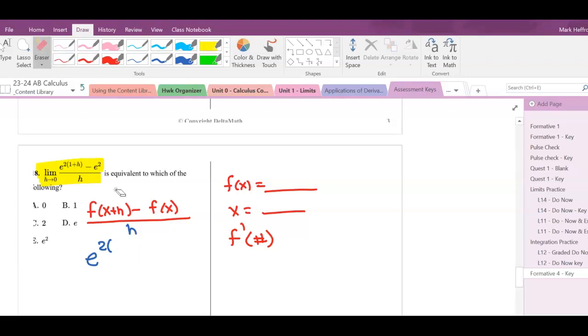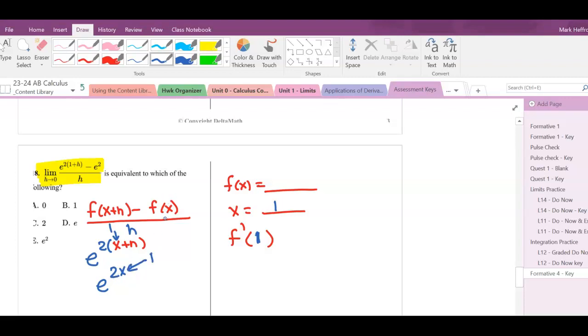Well, that means this would be an x plus h, and my x must be 1. So I've figured out what x is. So now I want f prime at some number. That number is 1. Well, my function is e to the 2x. And now we're going to check it to make sure what happens when I plug a 1 in here.